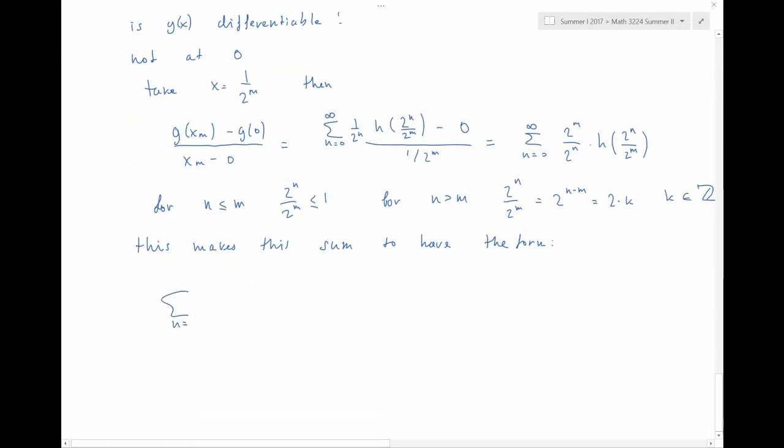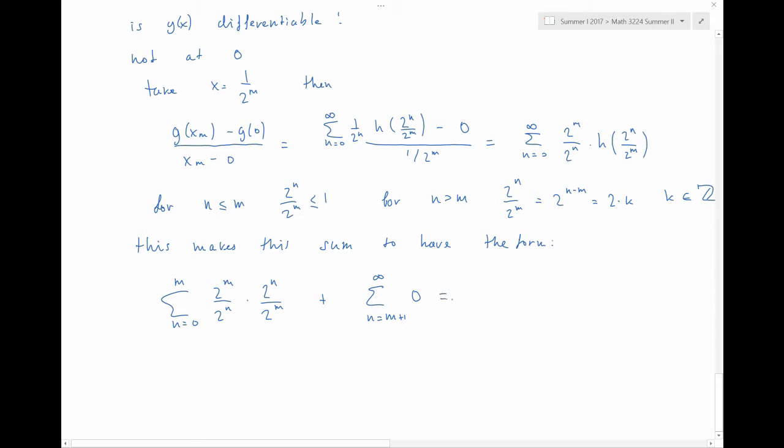So as we add from 0 to m, we have 2 to the power m over 2 to the power n times the value of h, which is exactly the same as x for all x less than 1. So h evaluated at this point is going to be 2 to the power n over 2 to the power m, plus the sum as n goes from m plus 1 to infinity of zeros, because the values of h at these points are 0.